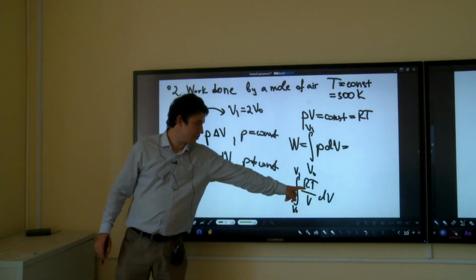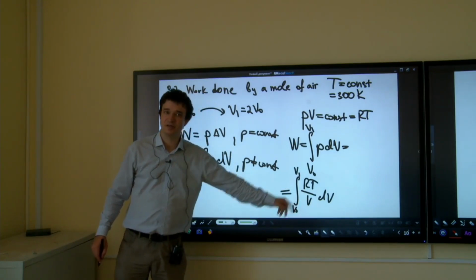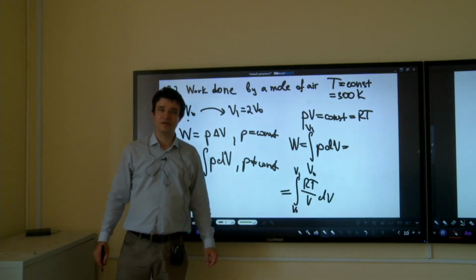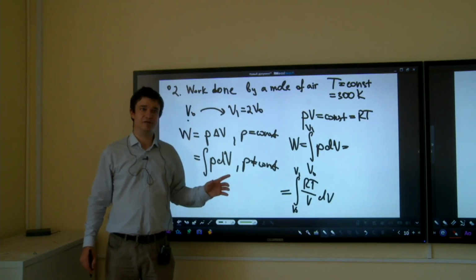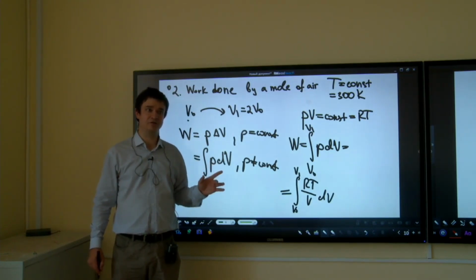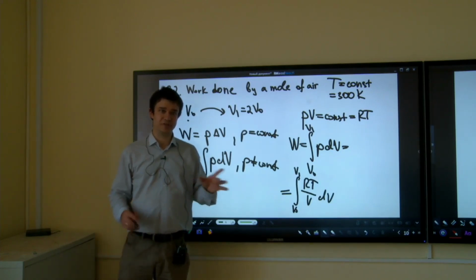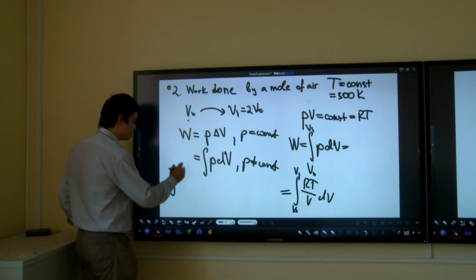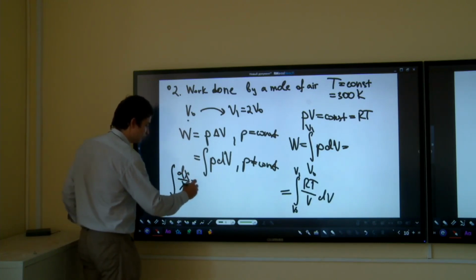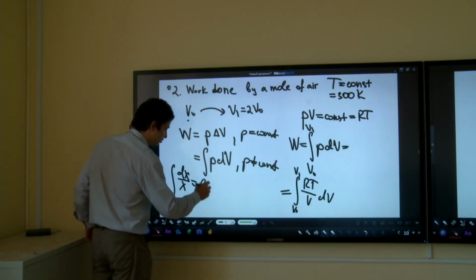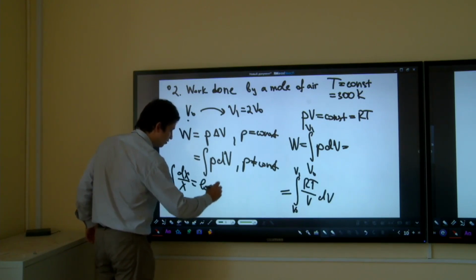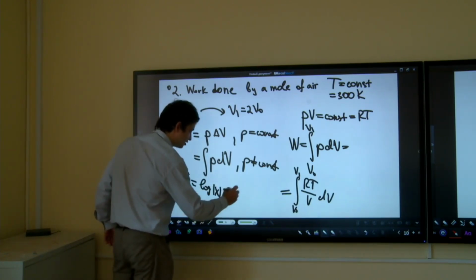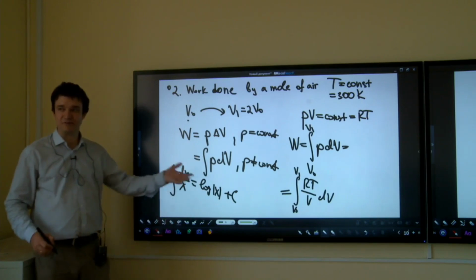Here RT dV over V. A logarithm, everyone agrees with the logarithm. Everyone understands why the natural logarithm appears here. This, as you know, is the natural logarithm of the value of x, and you consider a definite integral.